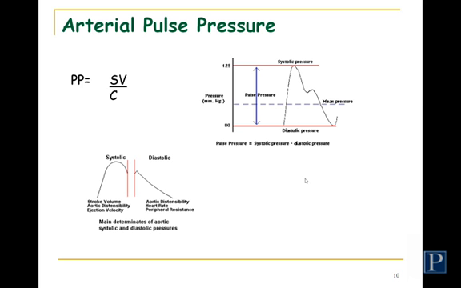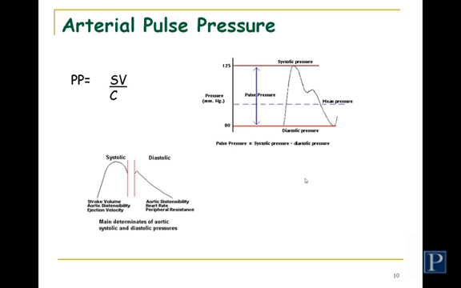So you can take someone's pulse to get their heart rate, but you also could feel how that pulse feels. Is it real strong, or is it real weak? If the pulse pressure is really high, the pulse will feel strong. If it's real low, it may feel weak or may be absent.